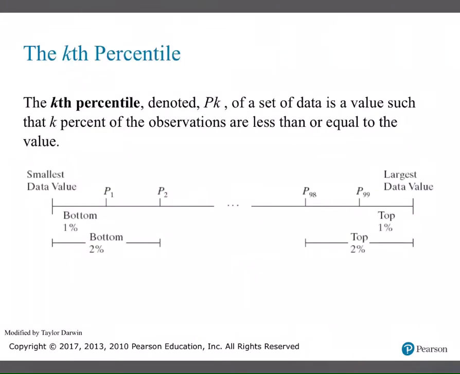Okay, next thing we're going to talk about is percentiles, which is denoted P sub k of a set of data, and it's a value that is in the k percent of observations that are less than or equal to that value. A lot of people talk about percentiles when their baby's born.